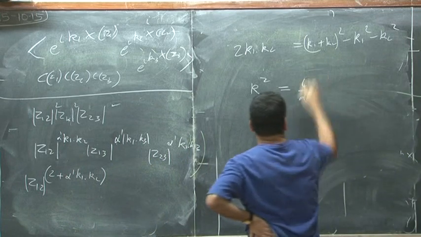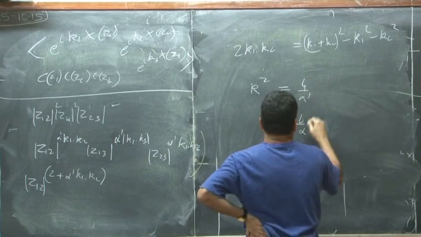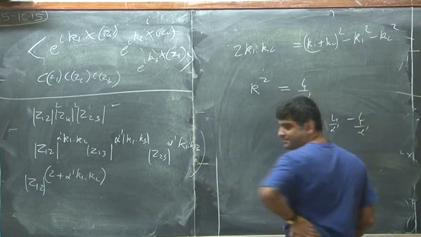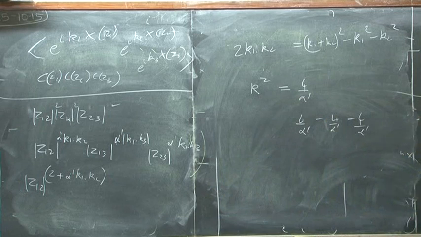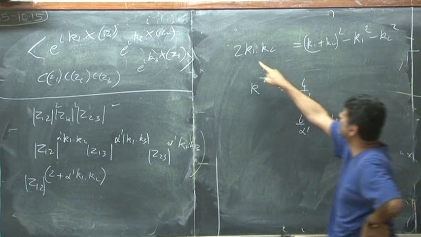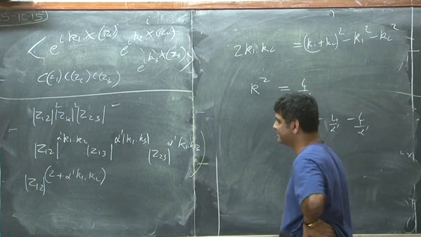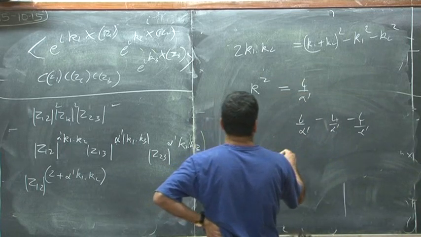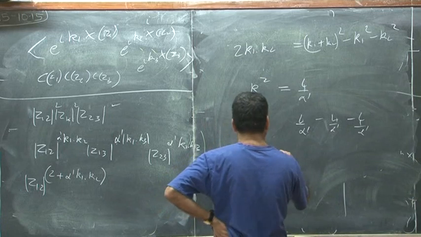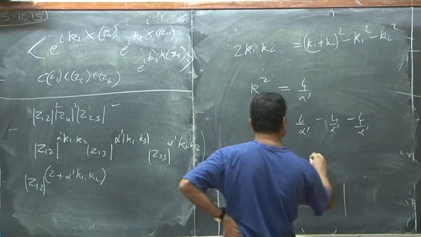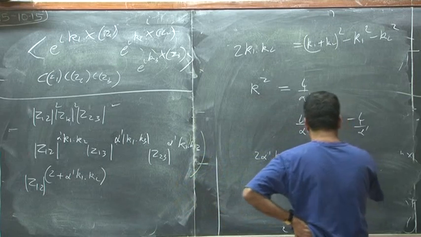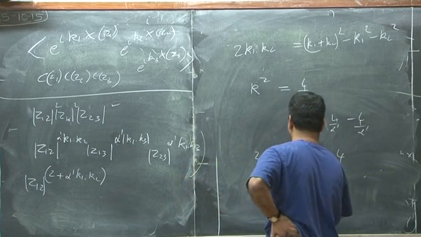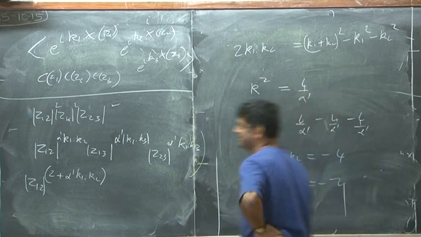Okay. So this is 4 by alpha prime minus 4 by alpha prime minus 4 by alpha prime. That's 2 K1 dot K2. Okay, and therefore 2 alpha prime K1 dot K2 is equal to minus 4, and therefore alpha prime K1 dot K2 is equal to minus 2.